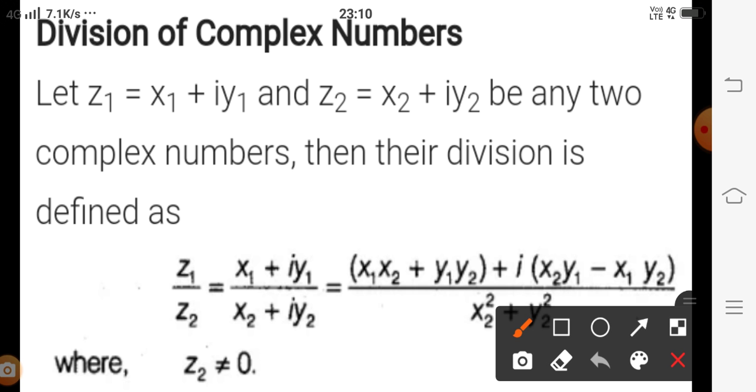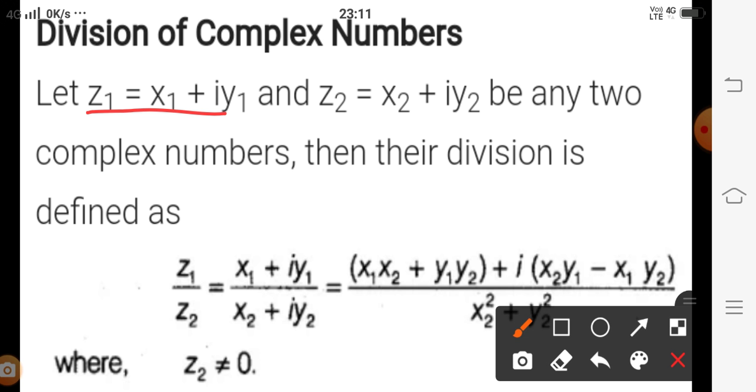The same concept we use here in the division, because the complex number in the denominator has a square root, and for this reason we are going to rationalize it. For rationalizing the complex number, we just multiply by its conjugate, and the conjugate concept we are going to learn further. Before this, let us take the division here.